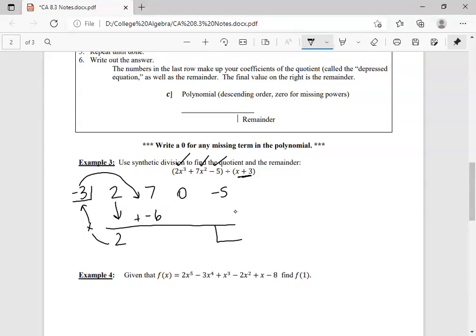You add them. 7 plus -6 is 1. Then you just keep on going in this circle. You're going to say 1 times the -3. And 1 times -3 needs to land right underneath the next term. It's -3. Those two terms right there get added together. 0 and -3 is -3.